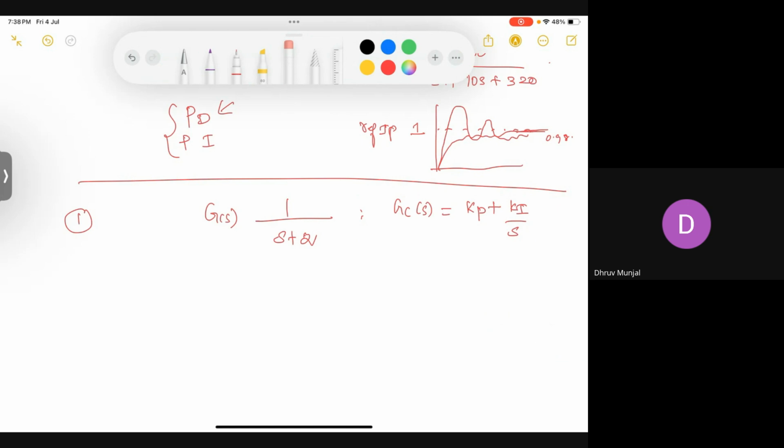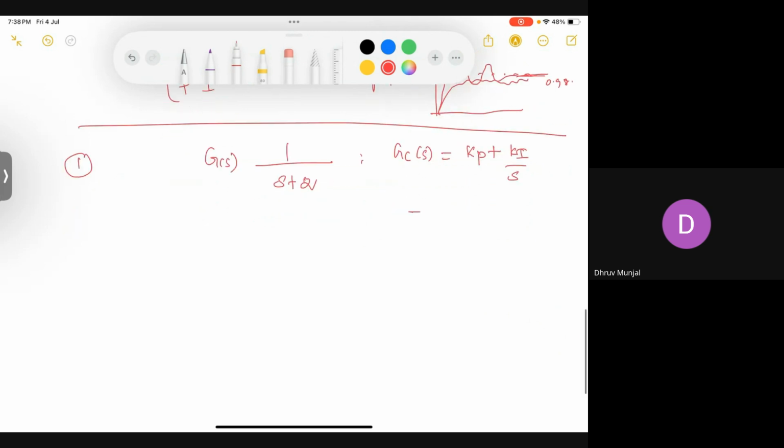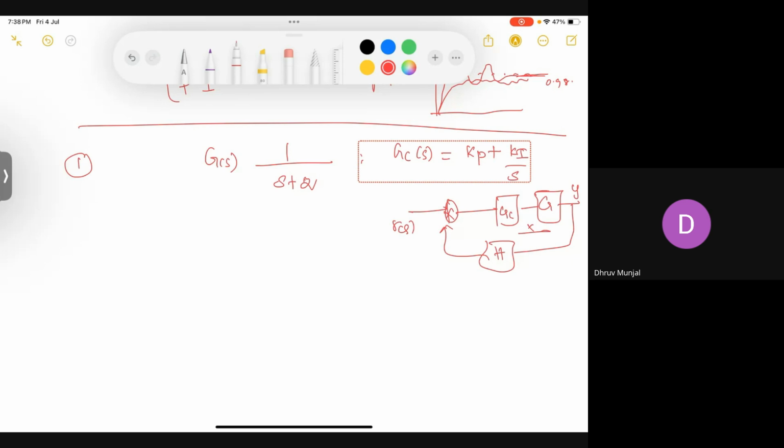Now I have these two terms. So if I write it in terms of a closed loop equation, R of S, GC, G, Y of S, actually it is H, right. These two will be in cascade, so you are going to multiply them.